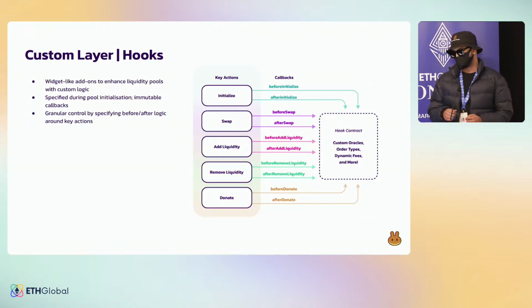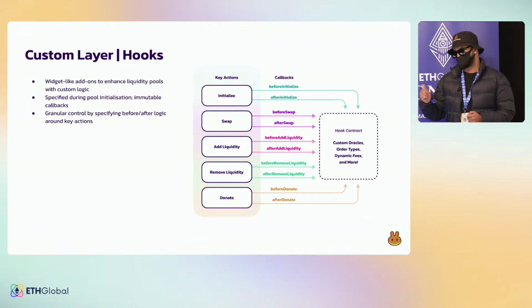So like we were discussing the callbacks previously, the hooks here are the custom layer. Hooks are external contracts which are separate from AMM logic or the core protocol, and they can be deployed by developers. They can be integrated with any of the liquidity pools at initialization, and they are immutable callbacks. So once you initialize a pool using hooks with whatever callbacks, it's not possible to change it.